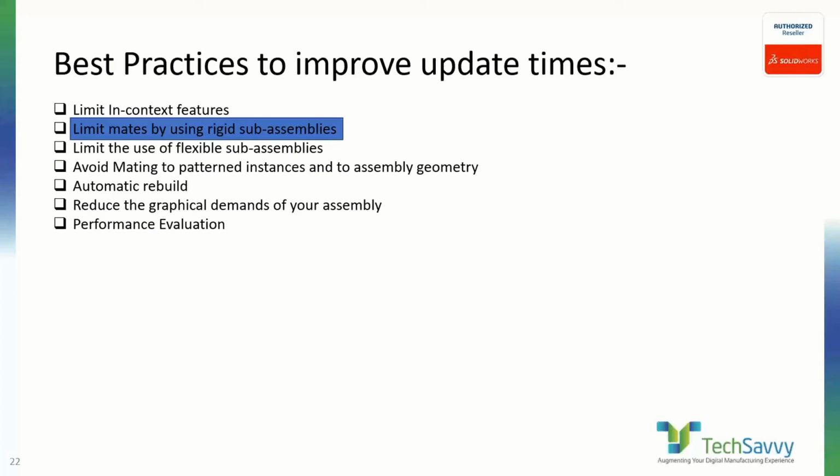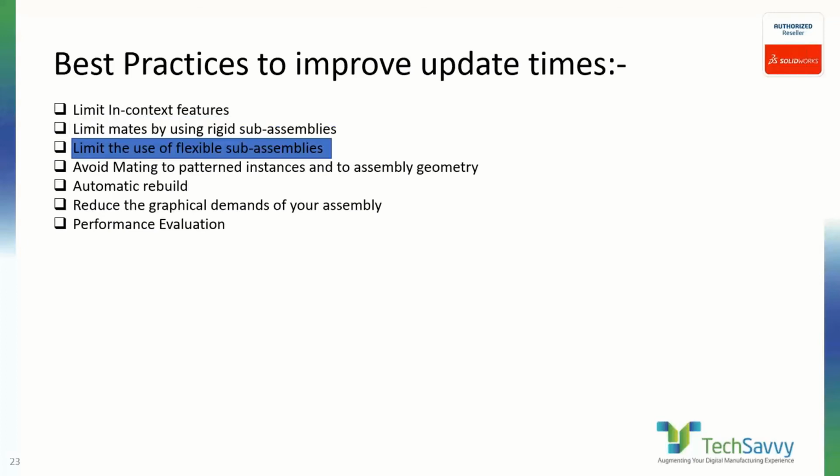By using sub-assemblies, you can simplify your mate structure at the top level. It is easy to create a sub-assembly, and at the top level you just simplify your feature tree. This improves performance and makes troubleshooting much easier. So as soon as possible, just create your rigid assembly.